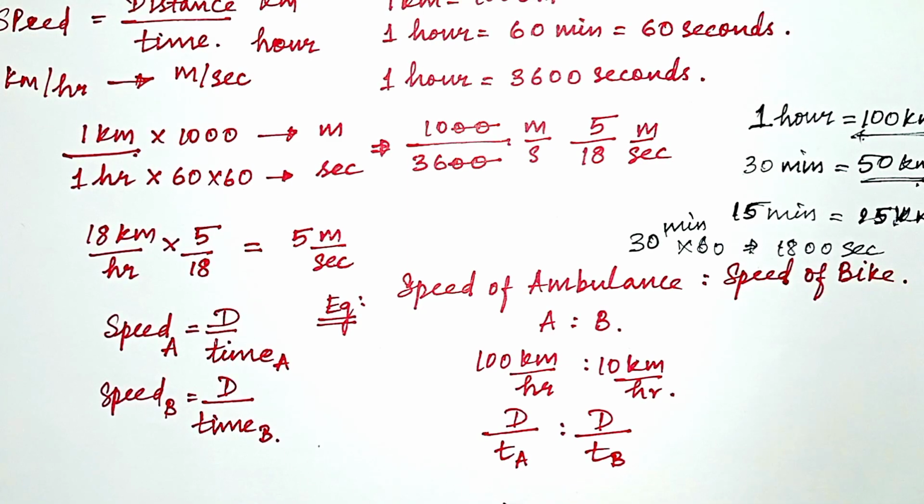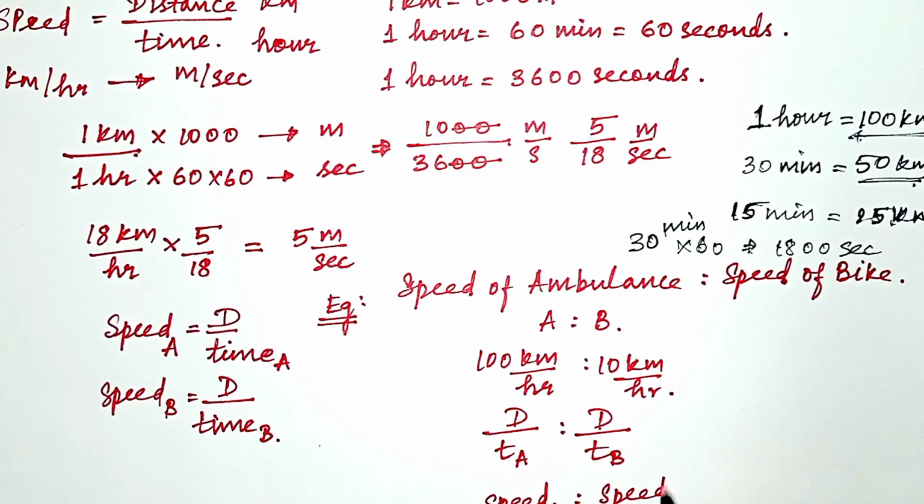When you equate it, d would get cancelled, so speed of A vehicle is to speed of B vehicle will be equal to time of B vehicle is to time of A vehicle.